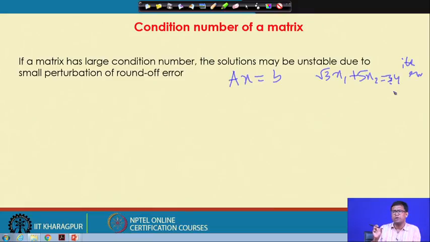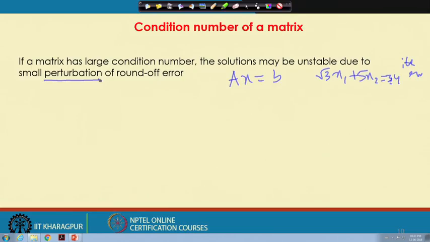So there is a small difference between what the computer writes as root 3 and what root 3 is. Therefore, if I look into the ith equation when I write it in a computer program, it is not the exact ith equation. There are some small values taken out of some of the coefficients, or some small values added to them, and we call this a perturbed equation.